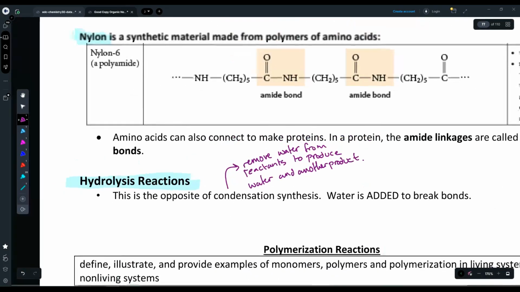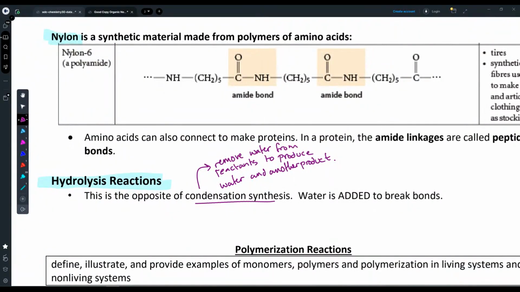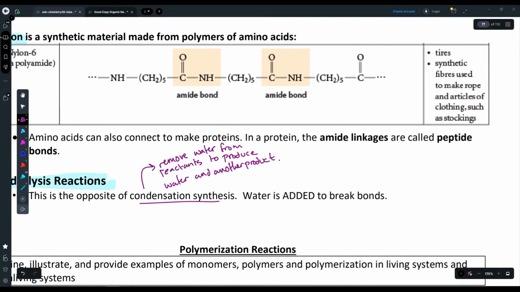Okay. So that is a condensation synthesis. What a hydrolysis reaction is, is when you add water to break bonds.